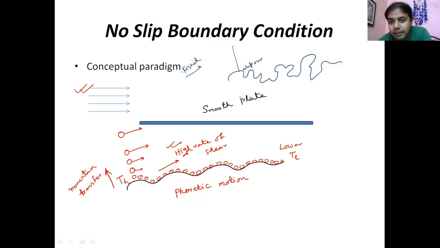As it becomes vapor nearby the rough surface, fewer collisions will take place, and the no-slip condition might be violated. So in this case, nearby the rough surface, due to the vaporization, it has some slight velocity, a slight relative tangential velocity. So the no-slip boundary condition may be violated.